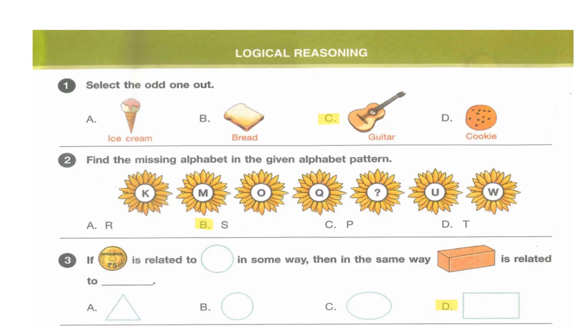So if the coin, rupee 5 coin is related to circle in some way, then in the same way a brick is related to rectangle shape. Hence the answer is option D, which shows a rectangle.